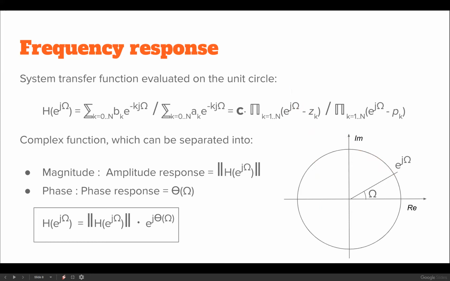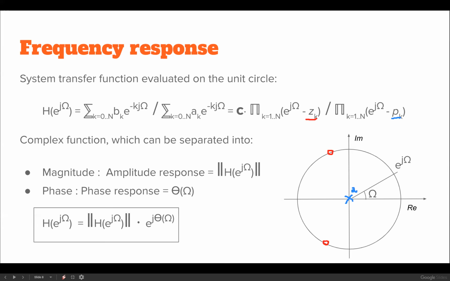Let's make a very small system here: we have the zeros zk, for example, here and there, and then the poles, for example just a simple double pole at the origin. And then we have e to j omega.